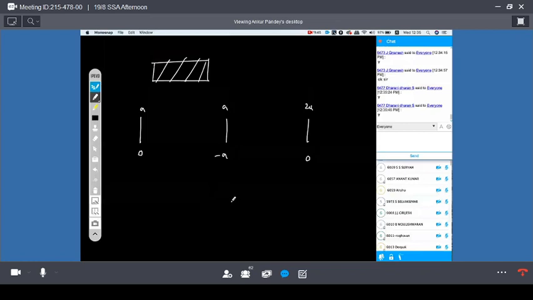Just by looking at it, you know whether you have to go by this formula or these two.